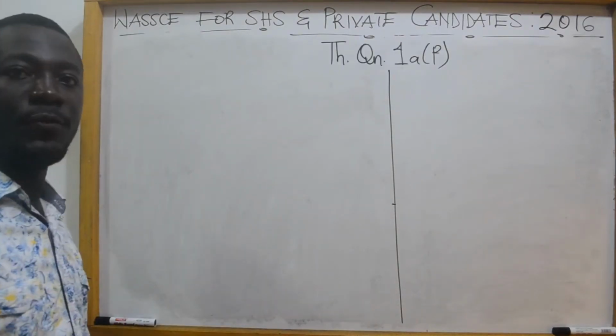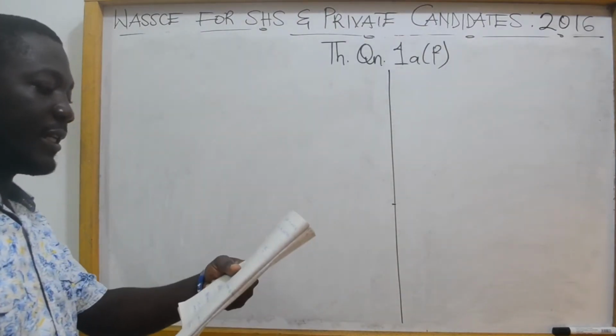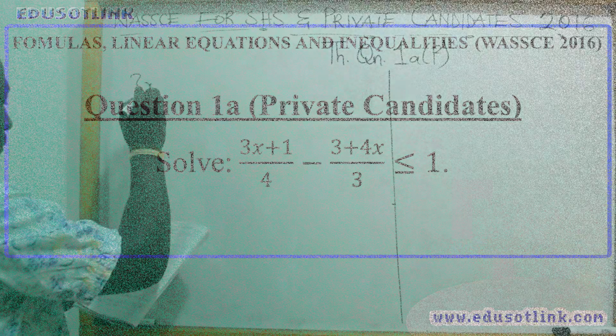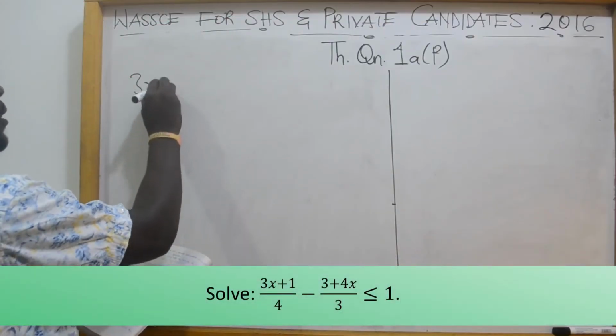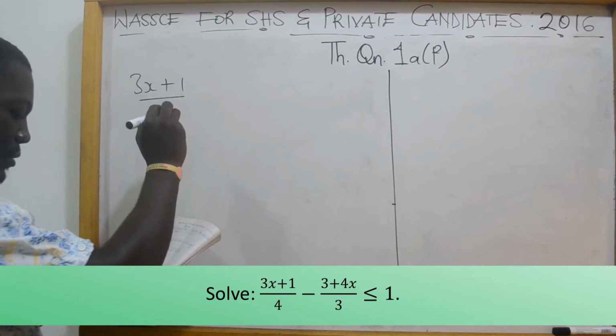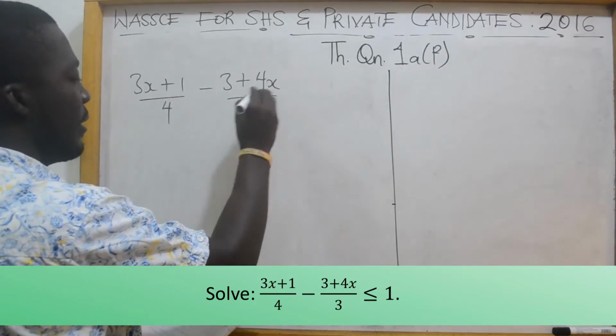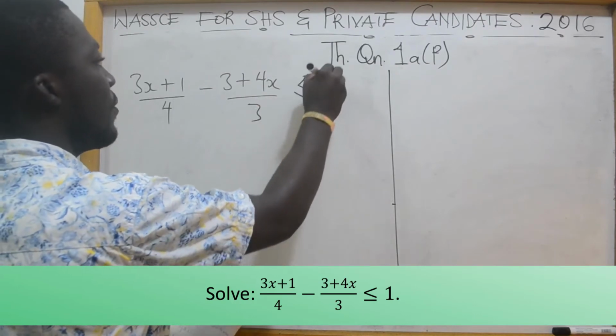Theory question 1A for private candidates. We have to solve 3x plus 1 over 4 minus 3 plus 4x over 3 is less or equal to 1.